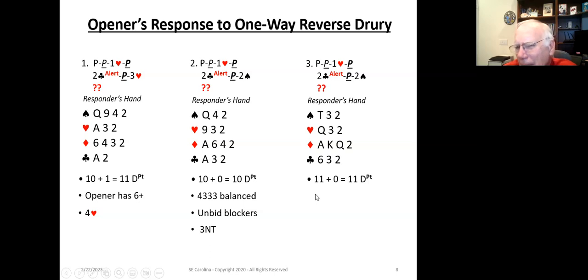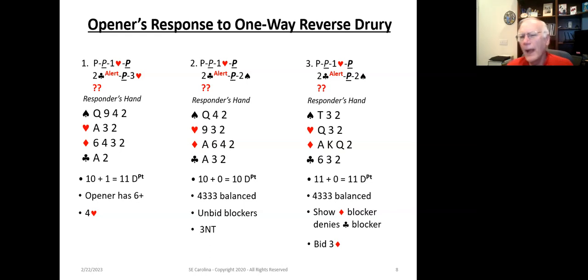Now we've got 11 distribution points because we've got 11 high card points. Now we're 4-3-3-3. We know that our partner has some aspects of shape. So what we can do here is bid 3 diamonds to say to our partner, hey, I've got a blocker to control the diamond suit, but I don't have one in clubs.